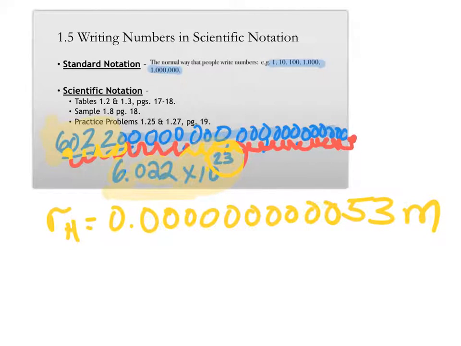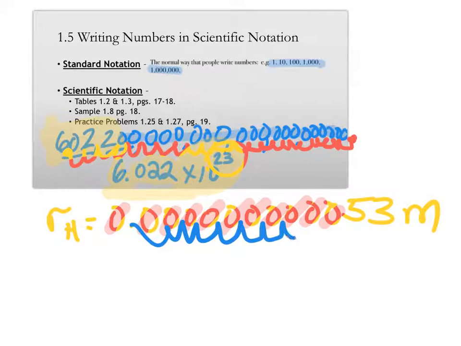Now if we count those all up, because that's a lot, I hopefully got it right. There's 1, 2, 3, 4, 5, 6, 7, 8, 9, 10, 11 zeros in this. That's how many times do I have to move the decimal place? 1, 2, 3, 4, 5, 6, 7, 8, 9, 10, 11 times.